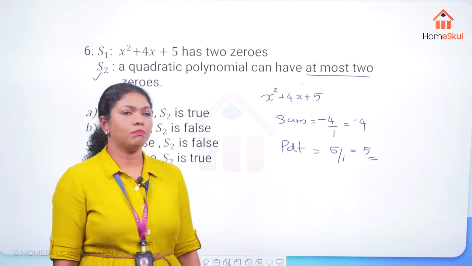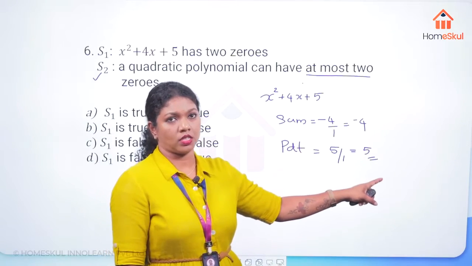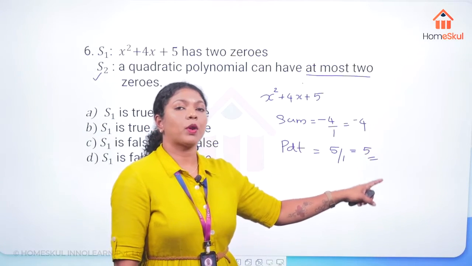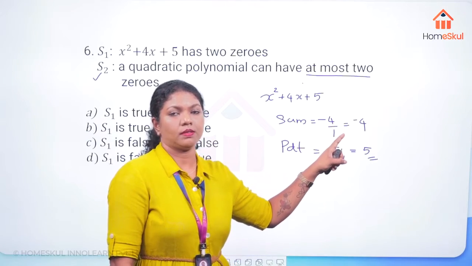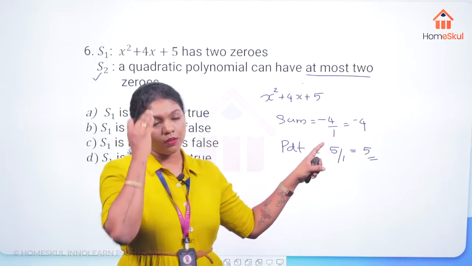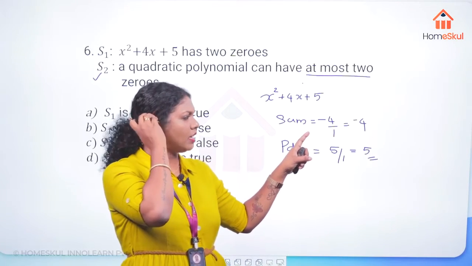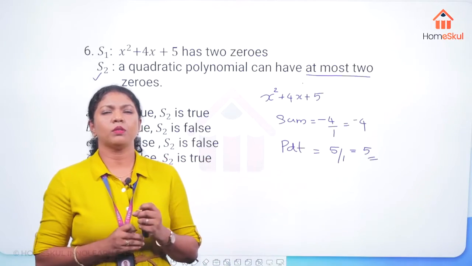Can you find such numbers whose sum is negative but the product is positive? If the product is positive, you need to find two negative numbers, isn't it? So sum is equal to minus 4 but product should be 5. Is that possible?